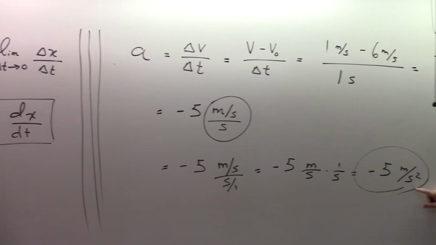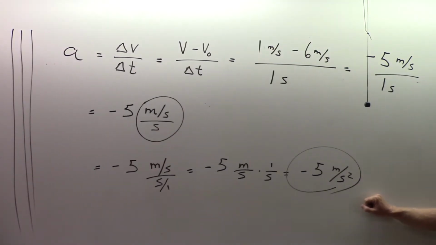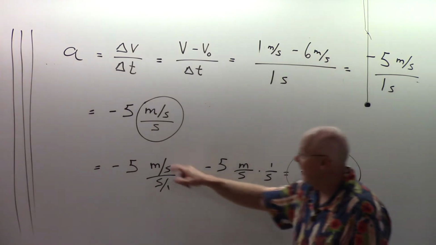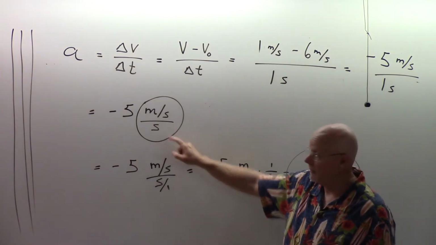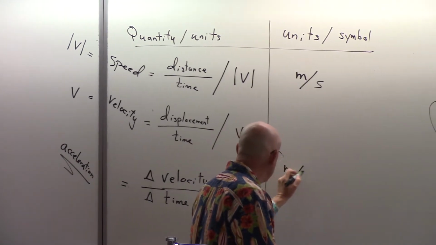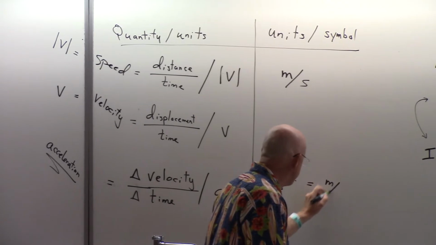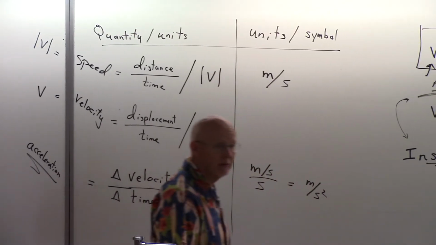So in terms of math, this might be easier. In terms of understanding, I think this might be easier. So over here, in this column where it says what units do we use, I will put both. I will put meters per second each second, but I will also put meters per second squared.